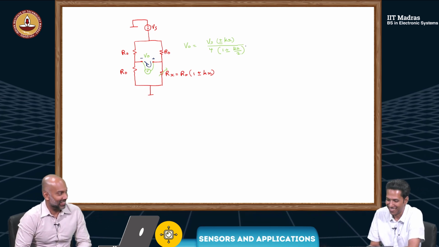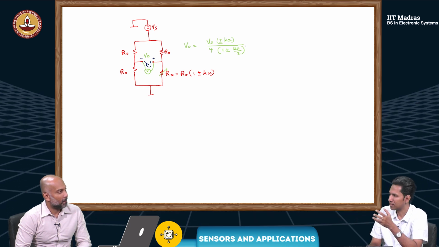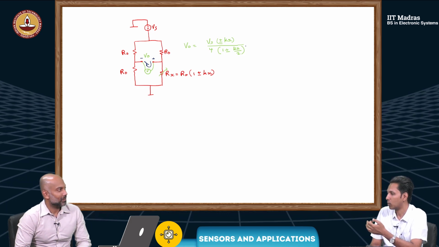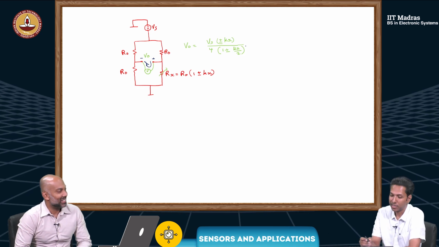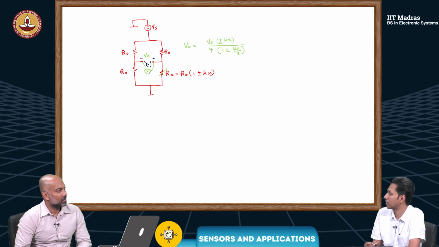Partially it is valid. I think we discussed this earlier, some kind of loading. We said our measurement system should not load the measurement. Now, in this case, the voltmeter that we are using must be loading the bridge.